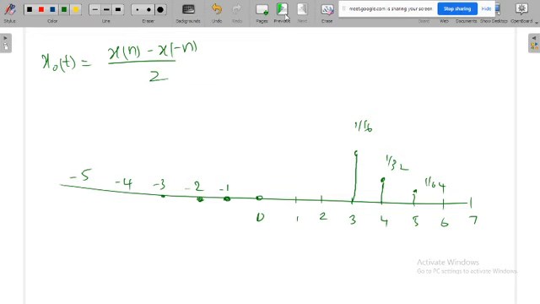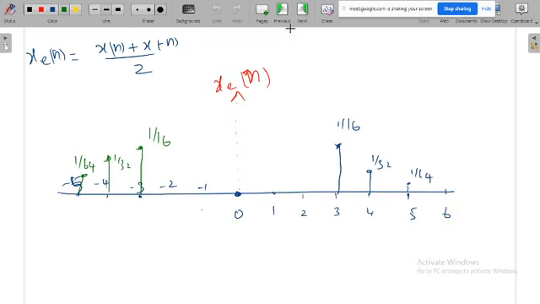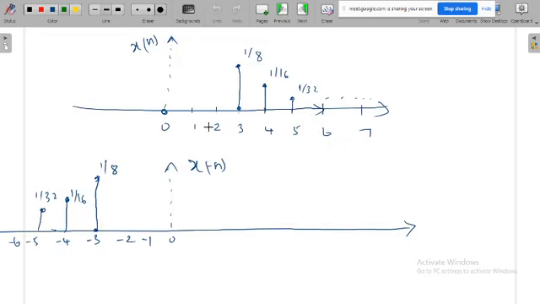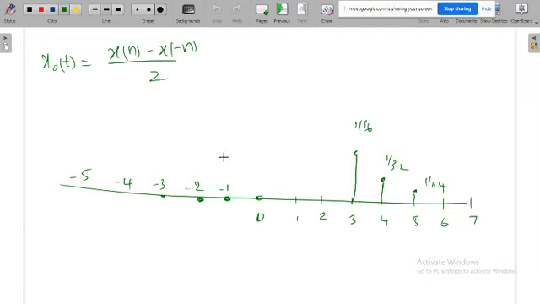Exactly, the samples start at minus 3. At minus 3 you will get minus 1 by 16, then minus 1 by 32, then minus 1 by 64. Okay, so this is the answer for this one.